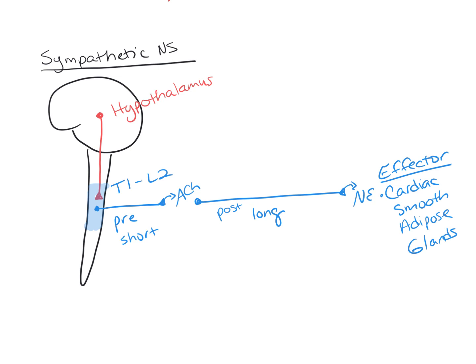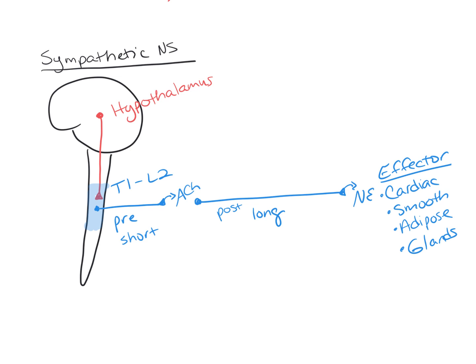Norepinephrine then binds to each of these effectors. Sometimes norepinephrine stimulates these effectors, and sometimes norepinephrine inhibits these effectors. And this is going to be dependent on what type of receptor is on these effectors.